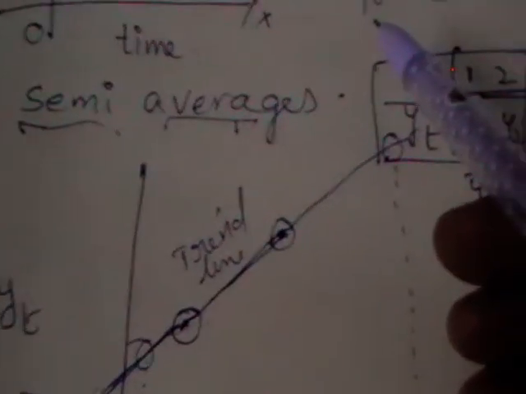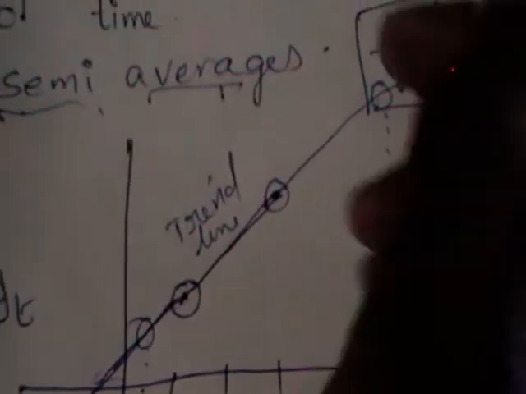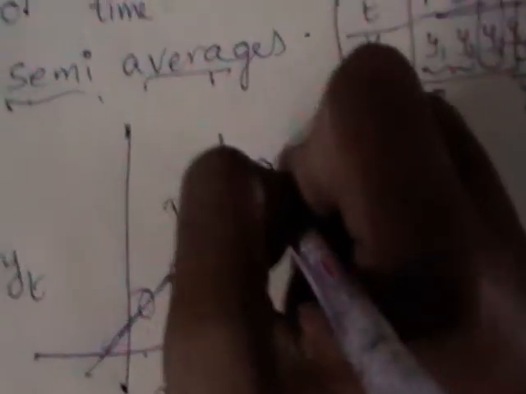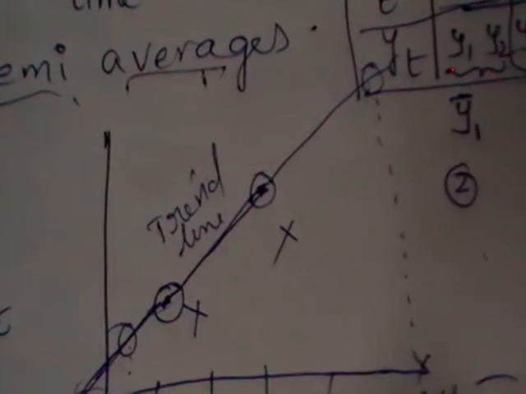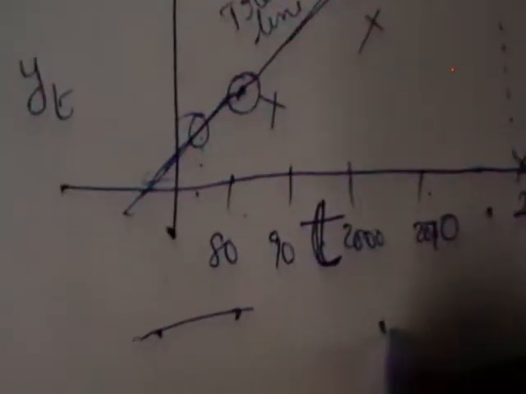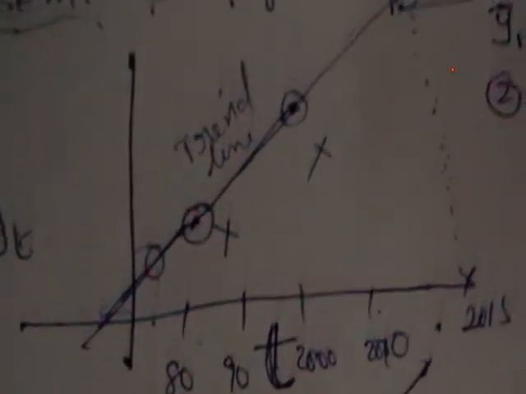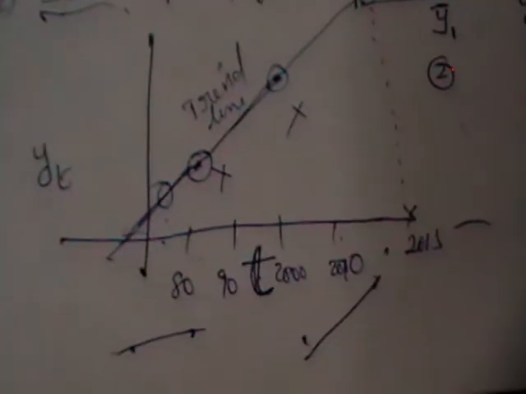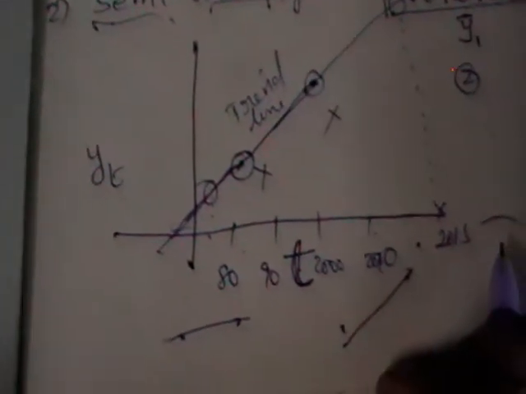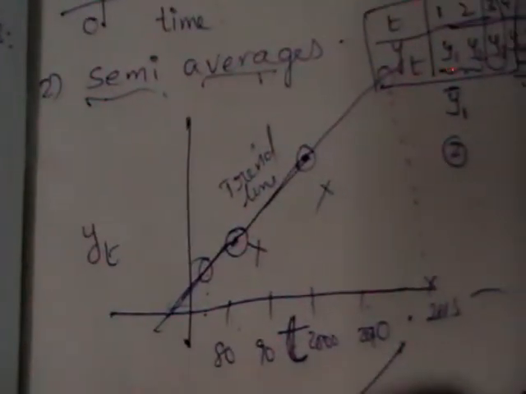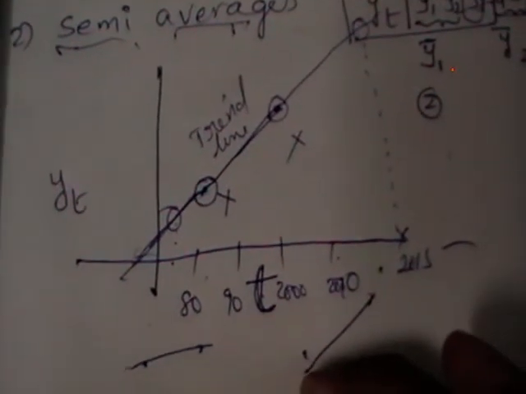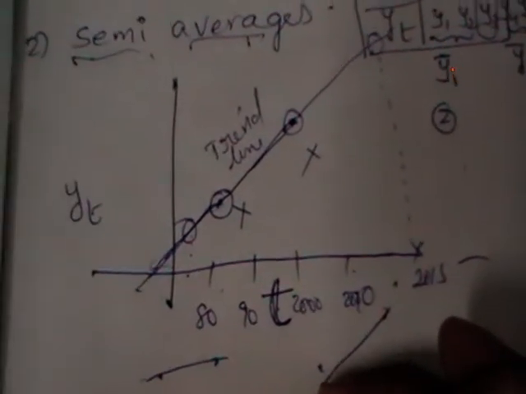Then what is the drawback of this method? Concentrate: as I said, you always have only 2 points. Whenever we join 2 points, you are always going to get a straight line. Whether the trend is linear or non-linear, as you are simply joining only 2 points, it always shows that the trend present is linear.